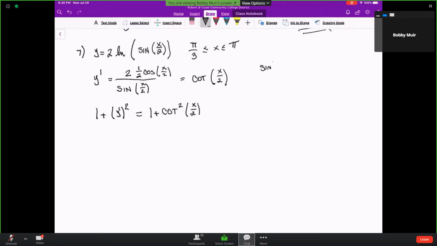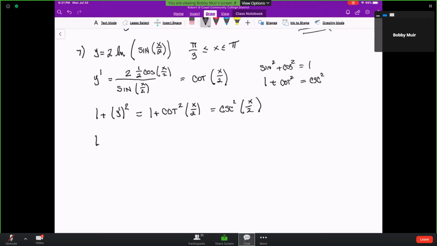Okay, now sine squared plus cosine squared equals 1. So if you divide everything by sine squared, 1 plus cotangent squared equals cosecant squared. So this is cosecant squared of x over 2.